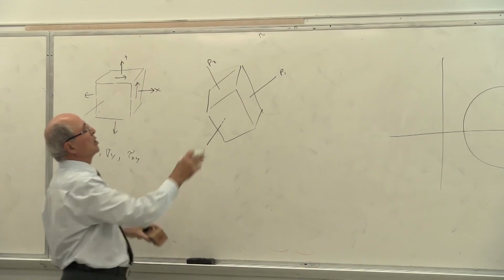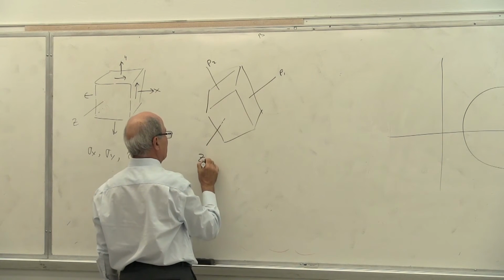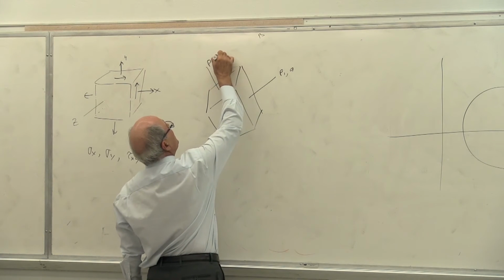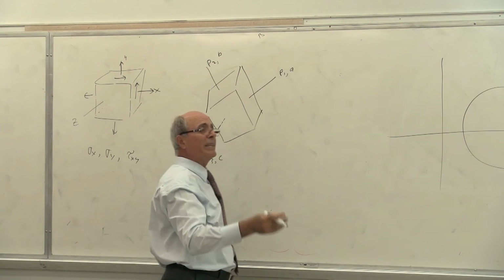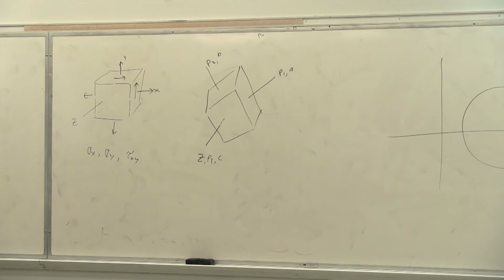Yes? So sometimes they call it principal 1, principal 2, and principal 3, which is the Z as well, or A, B, C. You see 2 pictures, 2 handouts that I gave you. One book uses A, B, C. I would rather use A, B, C rather than P1, P2, and P3. Those are principal axes or principal directions. Is that correct or not? Yes?